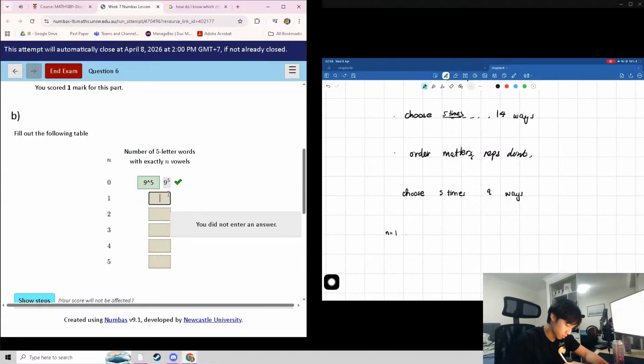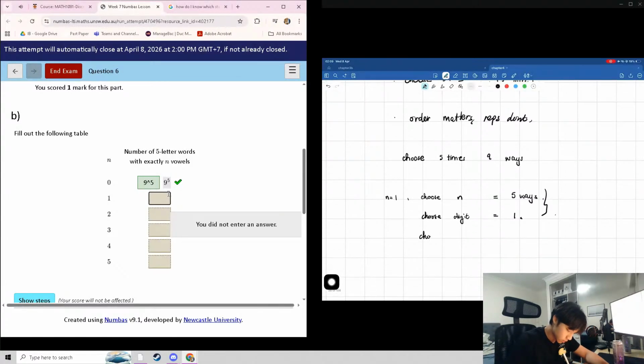n is 1. Choose 1. Choose n, 5 ways. And choose digits. So that's 5. Choose other 4, 9.